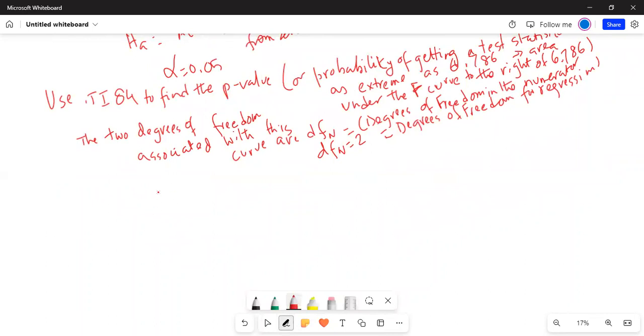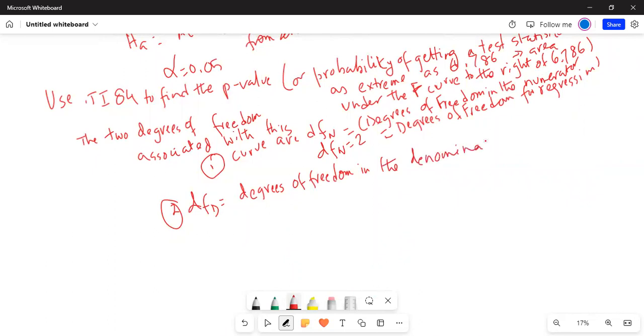Number 2 is degrees of freedom in the denominator, which is equal to degrees of freedom of the residual.